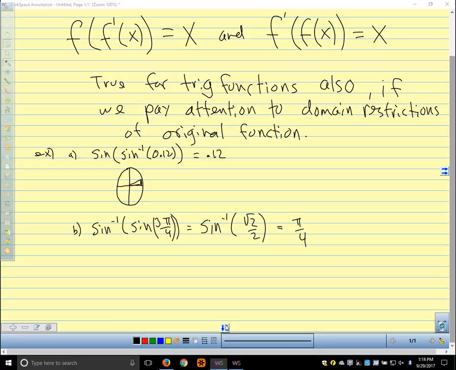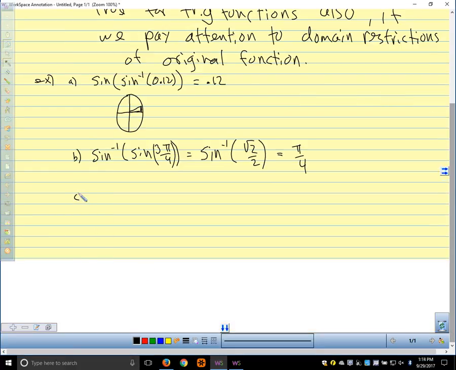All right, let's look at another one. The inverse cosine of the cosine of 3 pi over 2. Student: Regular cosine and sine functions don't have any domain restrictions, but if they do, do we need to keep in mind domain restrictions for both functions, or just like this?